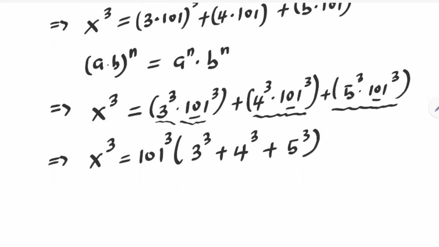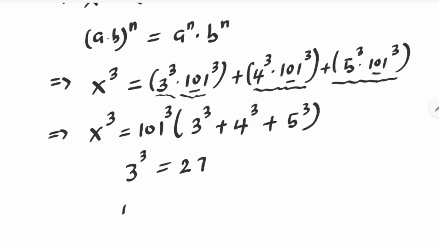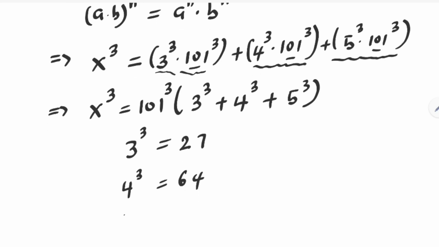Then take note of this, that we have 3 raised to the power 3 is equal to 27. 4 raised to the power 3 is equal to 64. And then 5 raised to the power 3 is equal to 125.